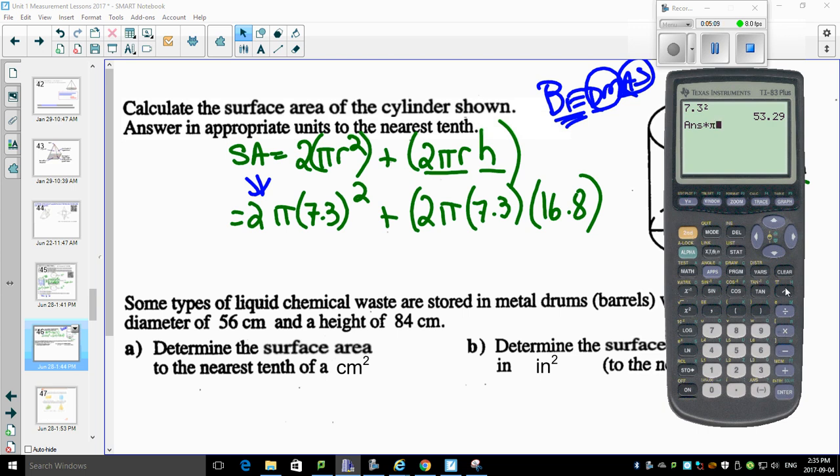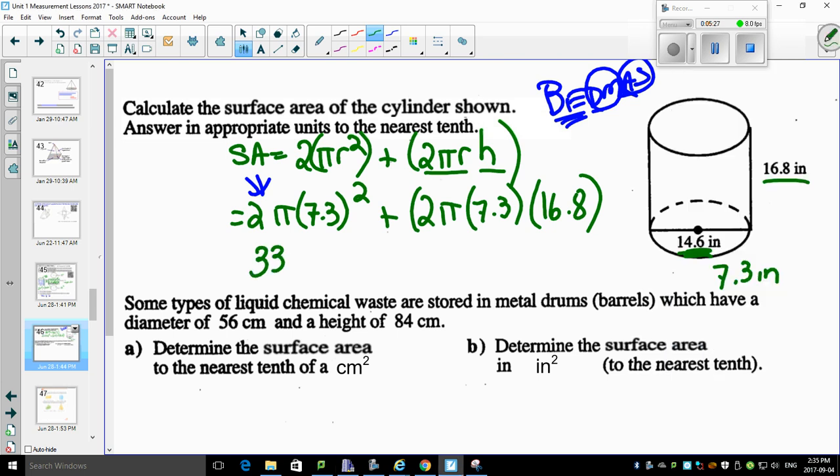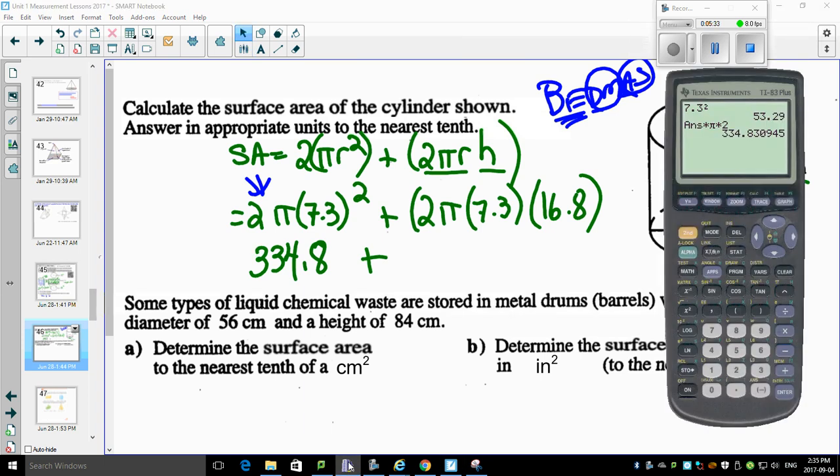Okay, times by 2. Okay, there is the top and bottom areas, or I should say surface areas, of our cylinder. So this works out to be 334.8. 334.8 plus, now let's do this lateral face. The lateral face, again, let's clear the calculator.